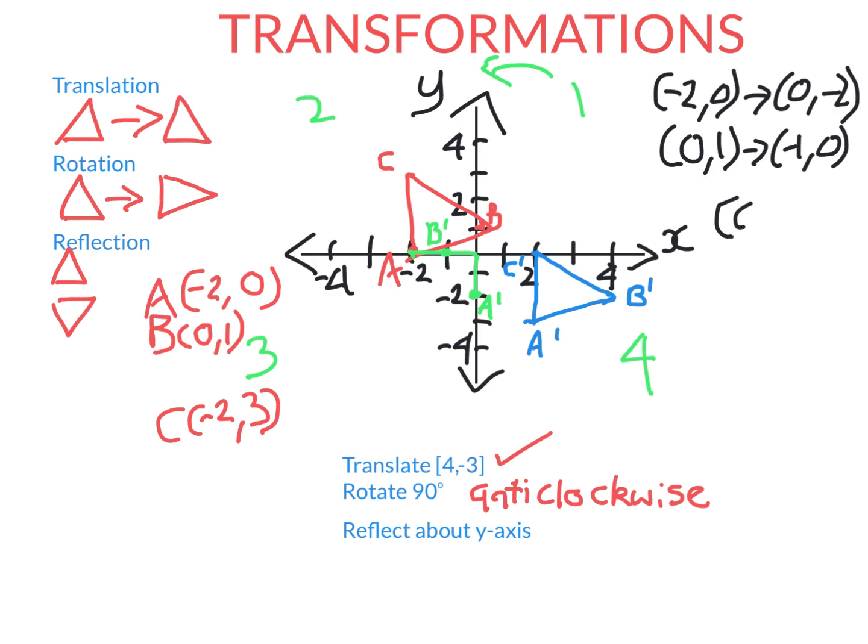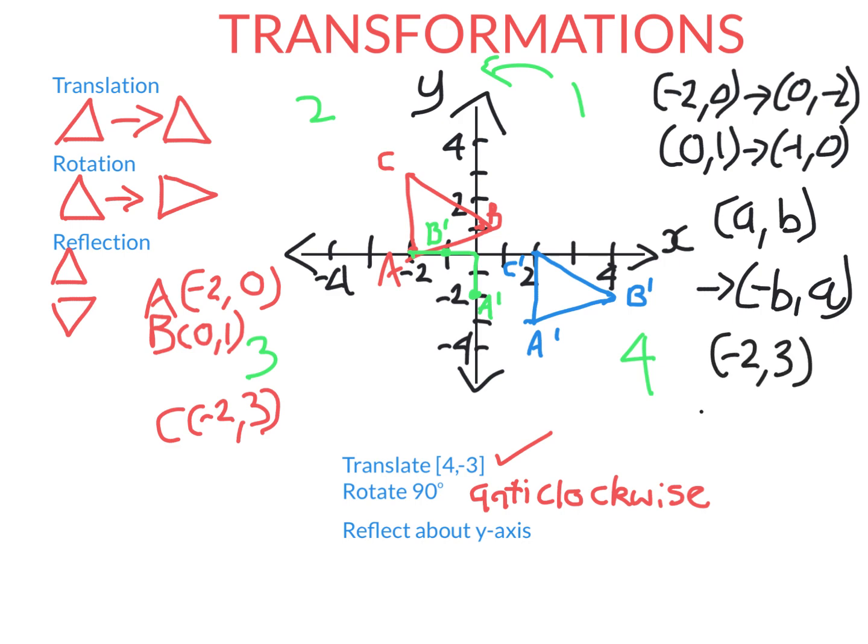So we can write that algebraically. If you start with point (a, b), what you do is you switch the coordinates around, the x and the y, and you change the sign of the x coordinate. So what that means is C is point -2, 3.